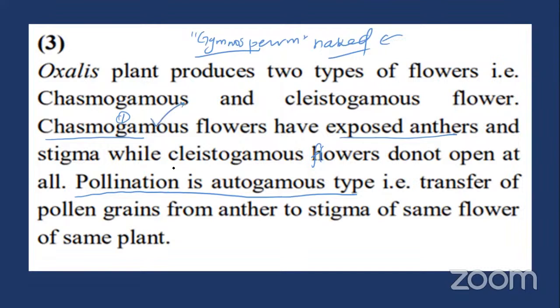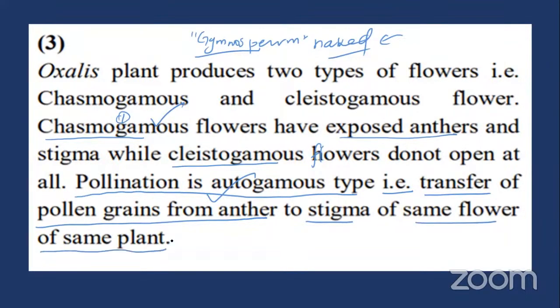And the other type is called cleistogamous. It does not open at all, meaning it is not exposed to the atmosphere. It is closed, so how is the pollination done? Only autogamous, in the same flower. That is the transfer of pollen grains from the anther to the stigma of the same flower of the same plant.